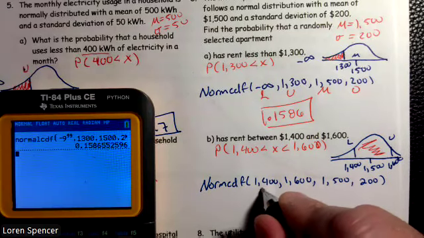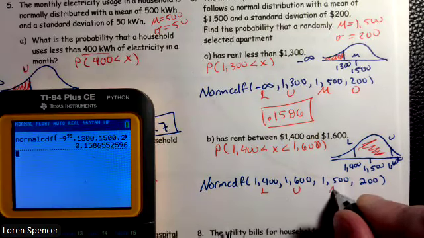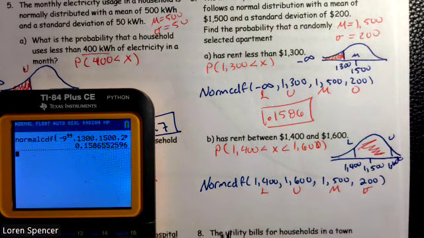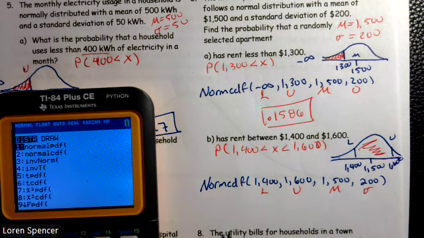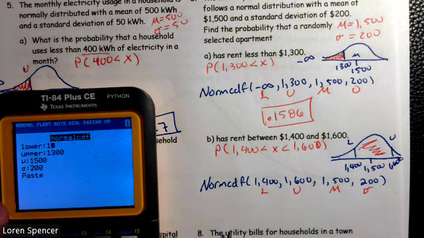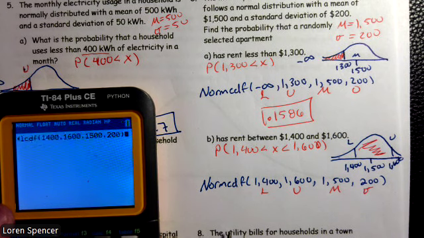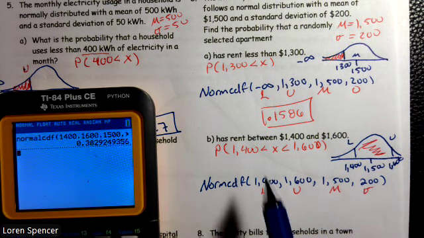Again, this is our LUMO: lower, upper, mean, standard deviation. I have the labels. Second vars, normal CDF, lower bound 1400, upper bound 1600, mean of 1500, standard deviation 200, and we get 0.3829.